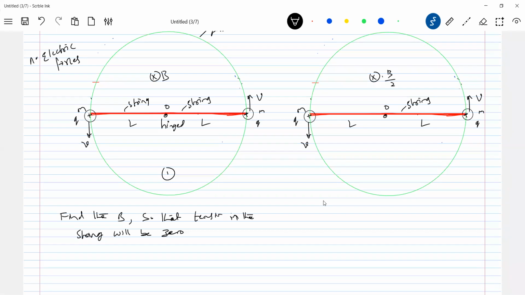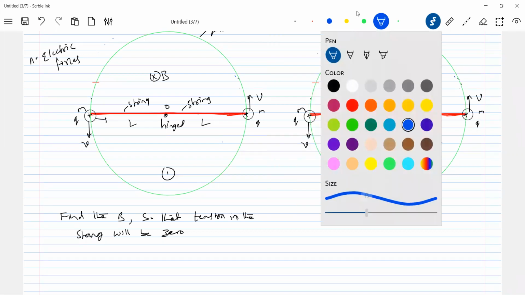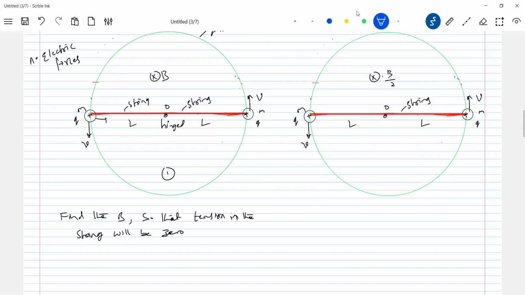So what should be the magnetic field? Let's assume that the tension in the string should be 0, as it is telling. Then all of it is the required centripetal force, QVB. If you want to assume tension, what is the magnetic field?